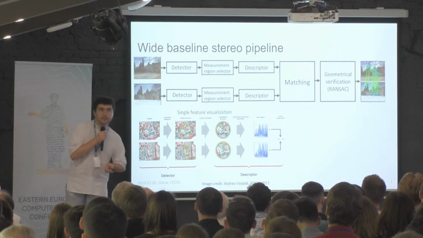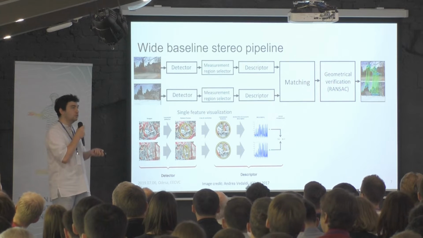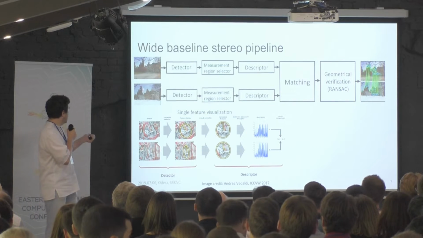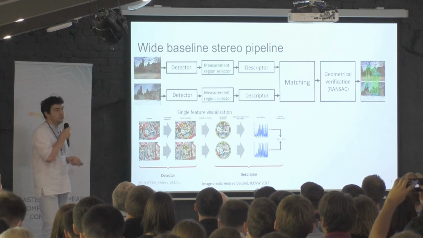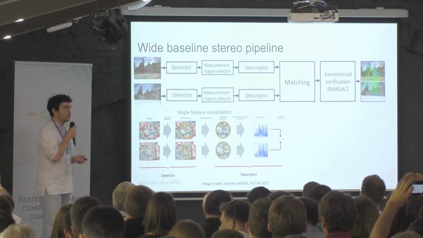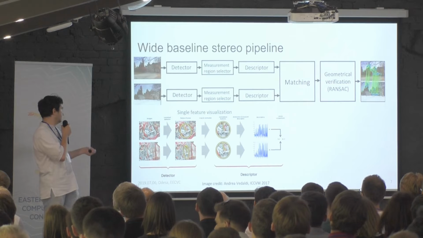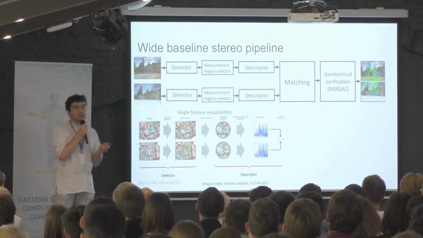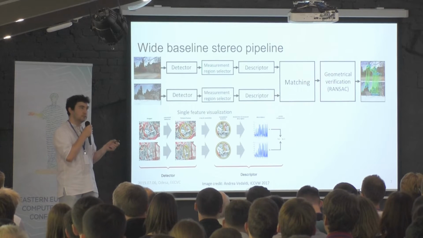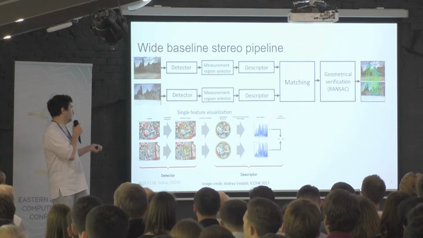Now, here is the typical pipeline. How do you do the correspondence search? You have two images, and you apply a local feature detector to detect some keypoints. Would it be some windows or corners or blobs or whatever? Then you somehow select a measurement region. Then you maybe want to normalize it to have better performance, meaning if you have rotated images, you maybe want to do some canonical orientation, or you want to deform your shape.